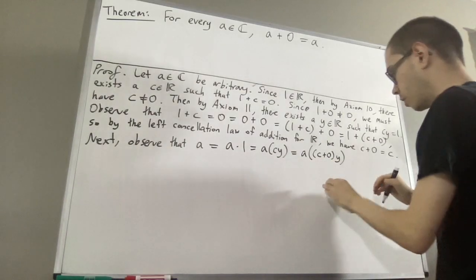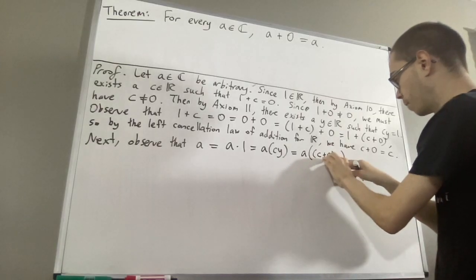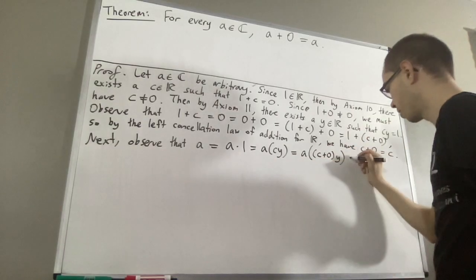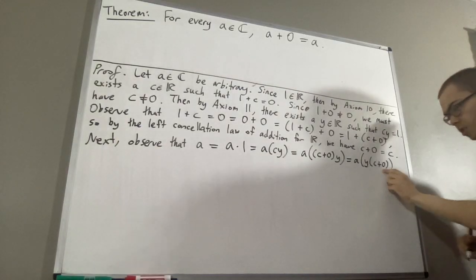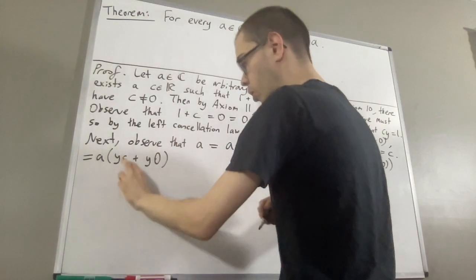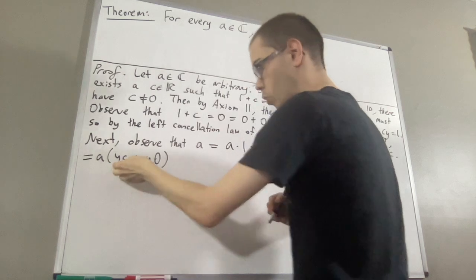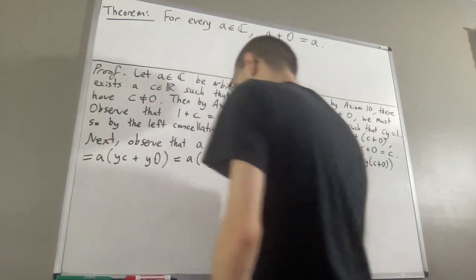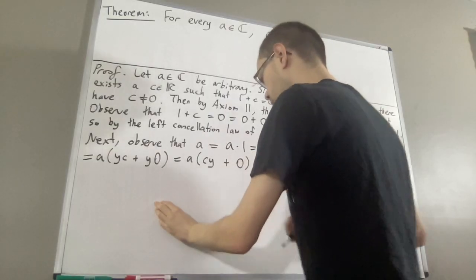Because now, let's first apply the commutative law for multiplication. We can flip c plus 0 and y around. And then applying the distributive law, we can distribute y across this parentheses. Well then, applying the commutative law here, we can flip yc to c times y. And then we know that any complex number times 0 is 0, so that's just 0.